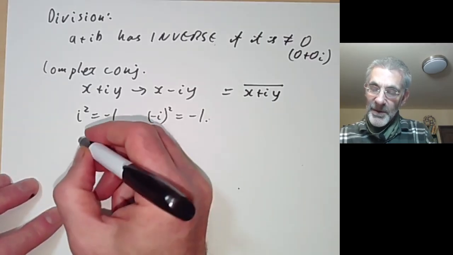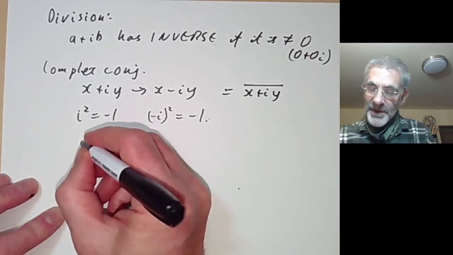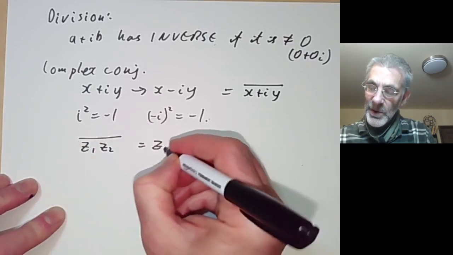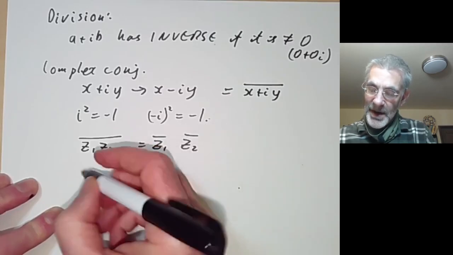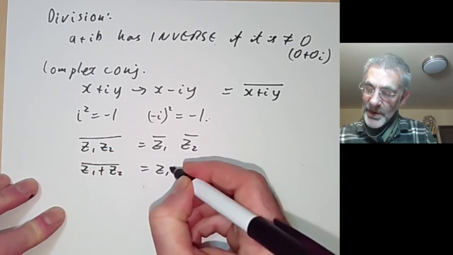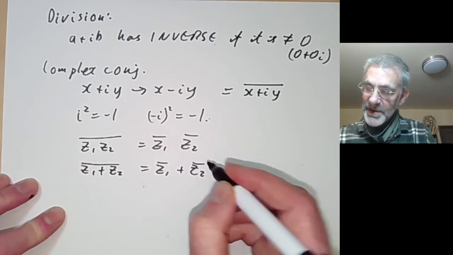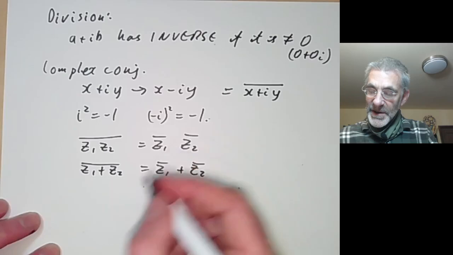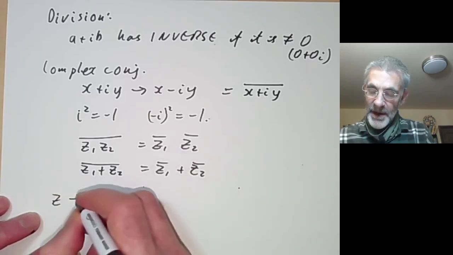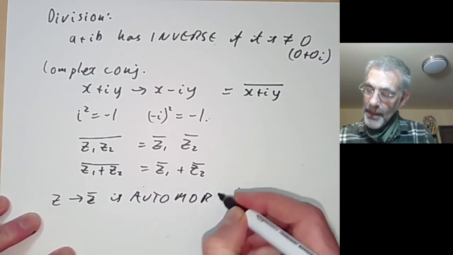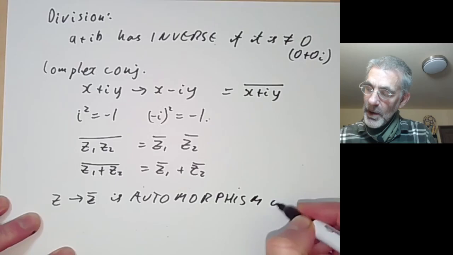So for example, if we've got complex numbers z1, z2, and we take the complex conjugate of their product, this is equal to z1 bar times z2 bar, and the conjugate of z1 plus z2 is equal to z1 bar plus z2 bar, and so on. In fact, complex conjugation, z goes to z bar, is an automorphism of the complex numbers.